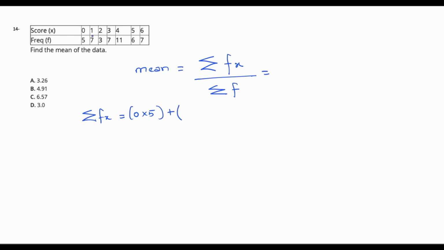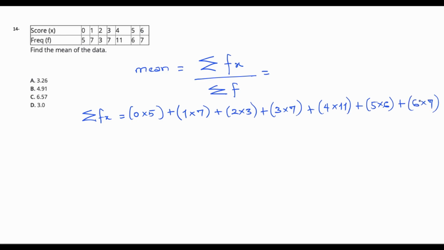So in this case, the summation of the frequency multiplied by x's would be 0 times 5 plus 1 times 7 plus 2 times 3 plus 3 multiplied by 7 plus 4 multiplied by 11 plus 5 multiplied by 6 plus 6 multiplied by 7.